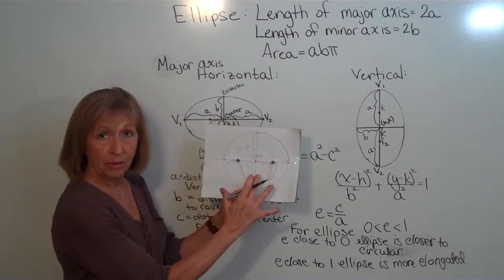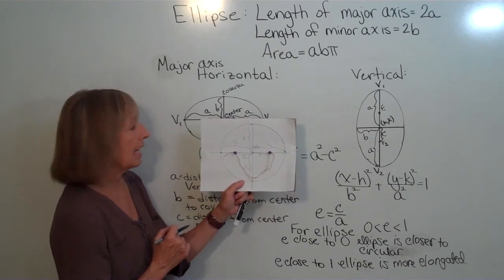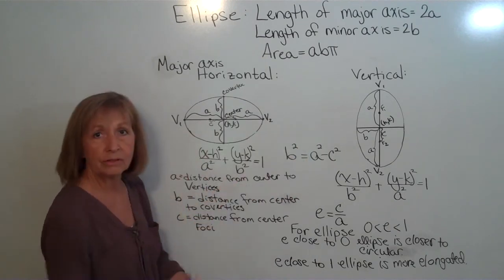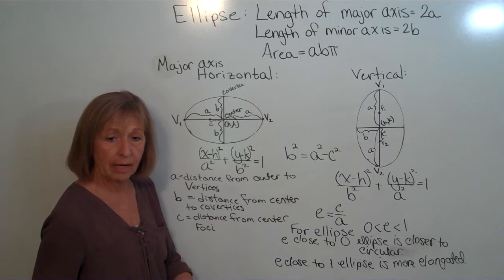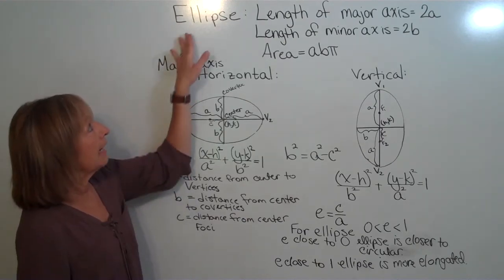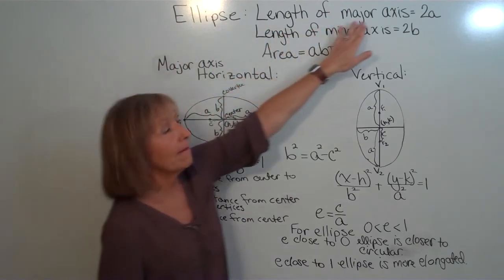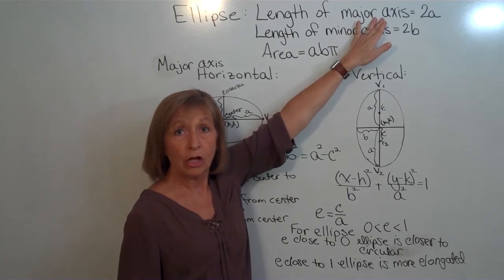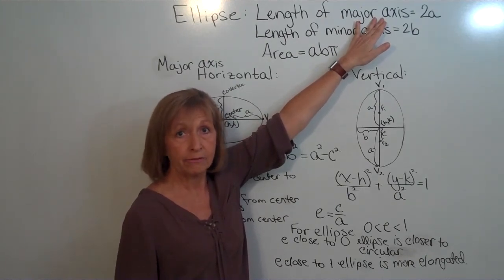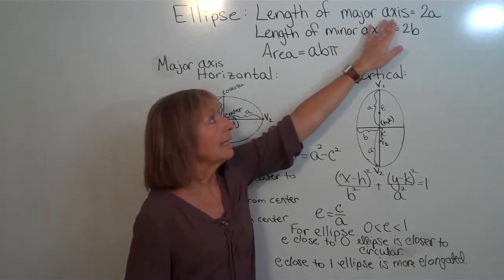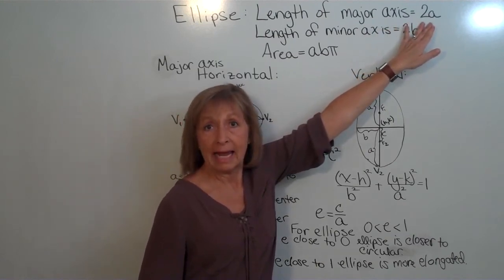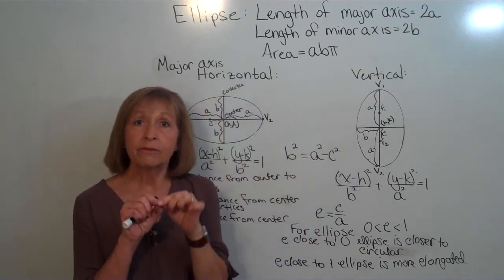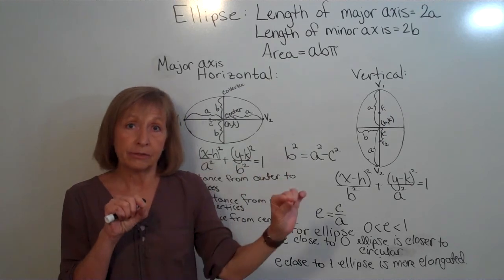So those are the components of an ellipse that we are also going to look at in the diagrams that I drew on the board. When I look at an ellipse, the length of the major axis, that's your longer axis that the vertices and the foci are on, that length is 2 times A. So A is from the center out to the vertex.